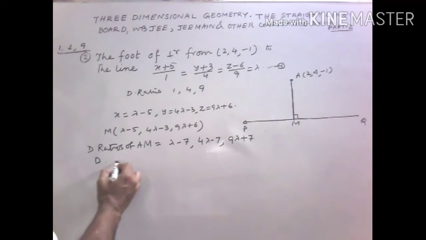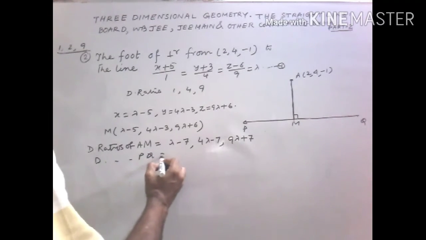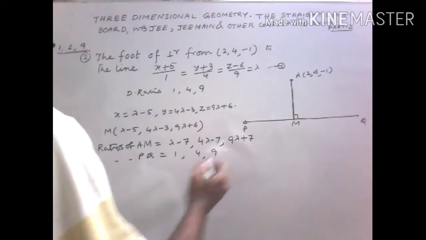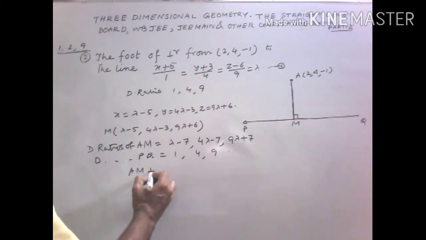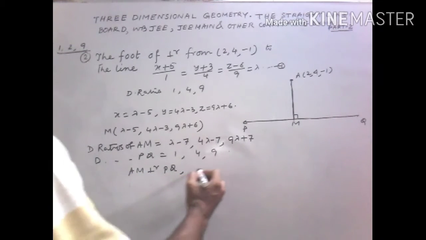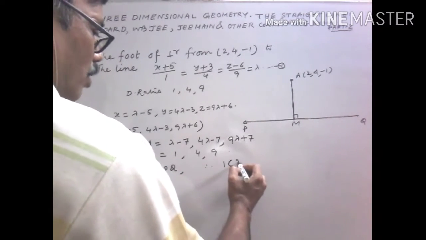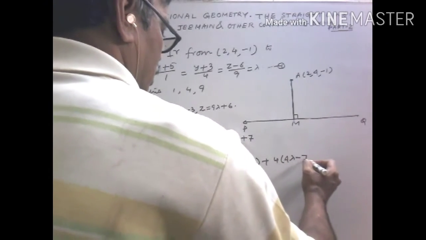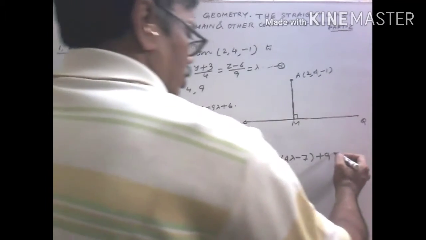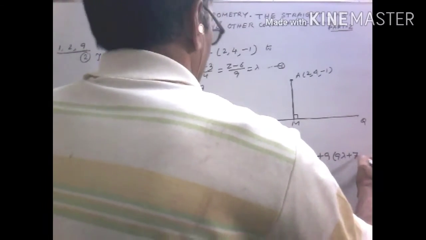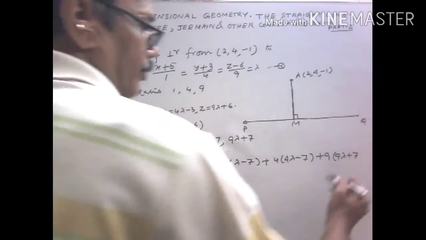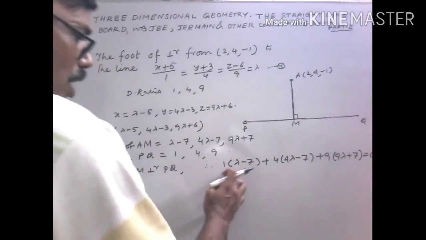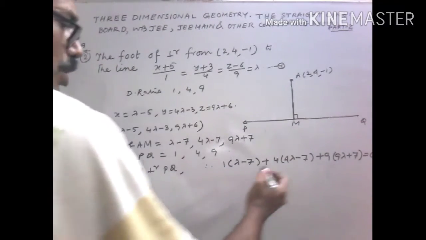Now PQ has 1, 4, 9. So AM is perpendicular to PQ. Therefore 1 into (lambda minus 7), plus 4 into (4 lambda minus 7), plus 9 into (9 lambda plus 7) equals 0.